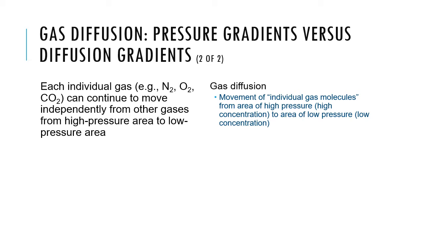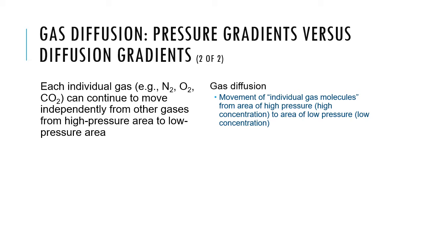This means that when a volume of gas reaches its destination, for example the alveoli, by means of a pressure gradient, or the alveolar by way of pulmonary capillary blood flow, each individual gas can move according to its own diffusion gradient.